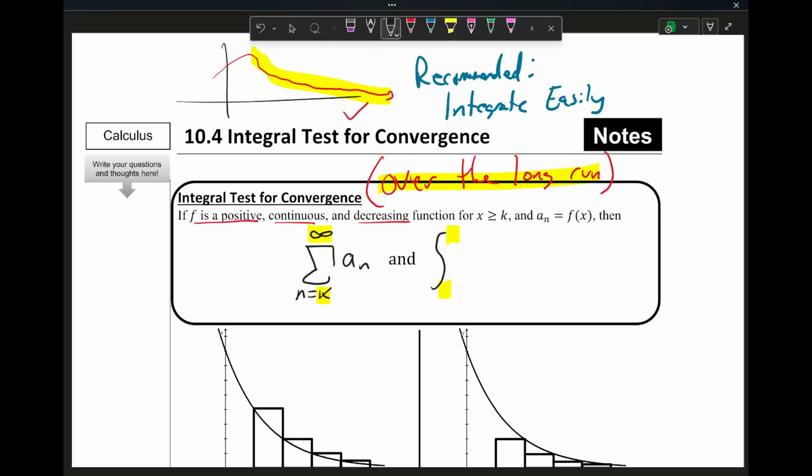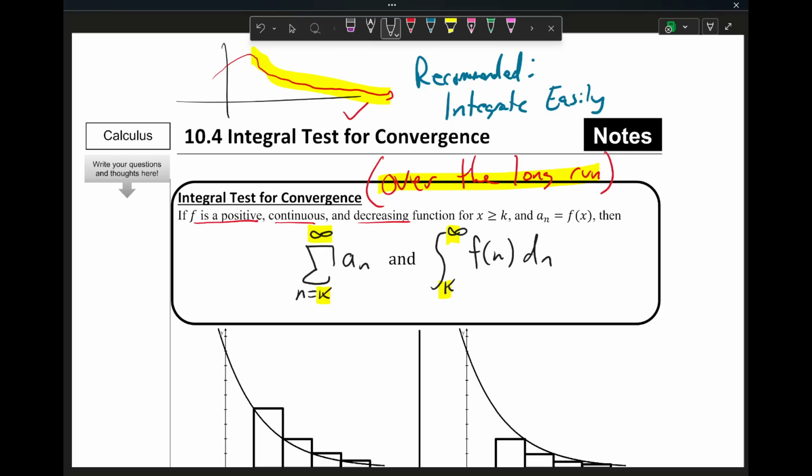So probably 1 to infinity, but it really can be anything. And then we think of a of n, which is the sequence here, just as a function, f of n, but basically the same thing.